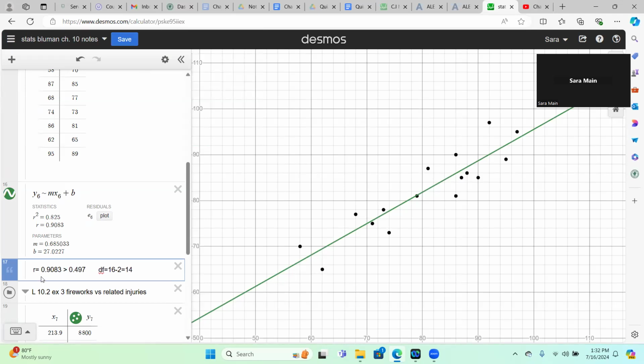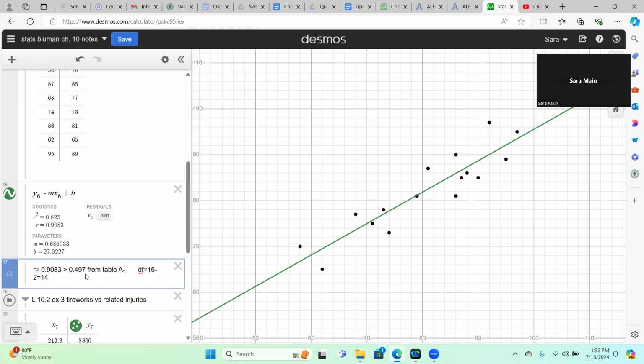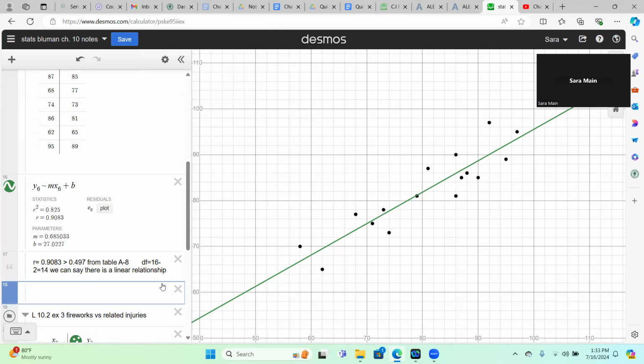And because the R is bigger than 0.497, we can say there is a linear relationship.